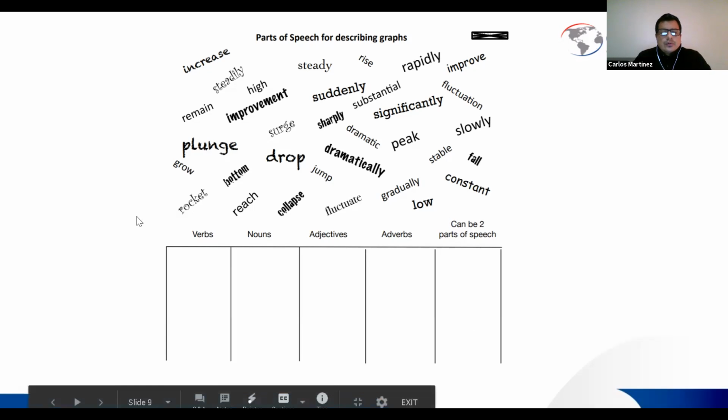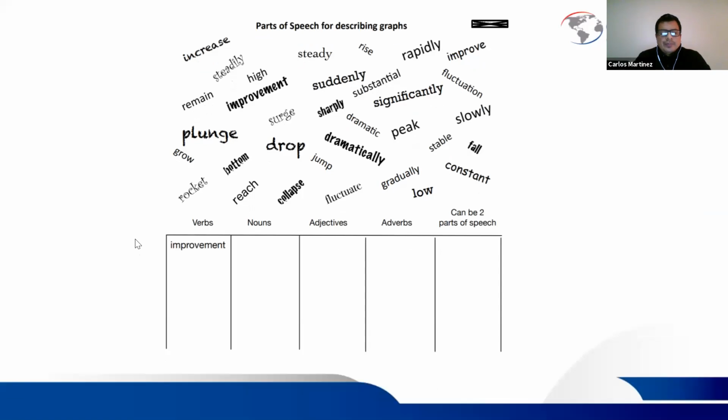So we're going to collocate these words. For example, we have improvement, which is related to the verb to improve. We have fluctuation. We have bottom. Then we have climb, fluctuate, improve, jump, collapse, rocket, remain, reach, grow.